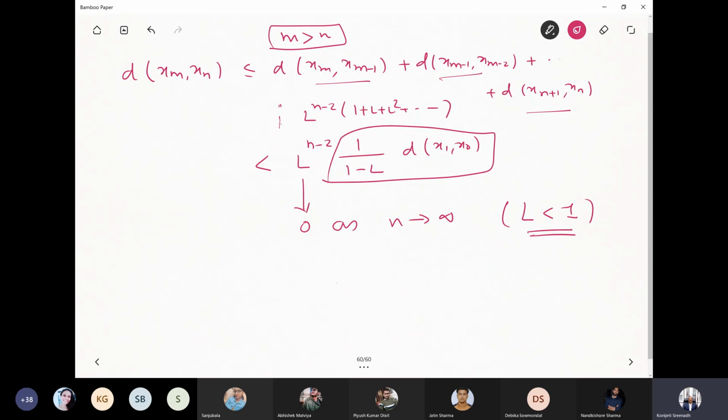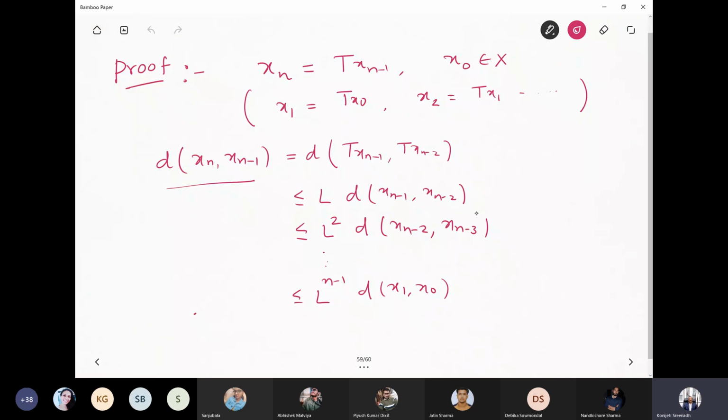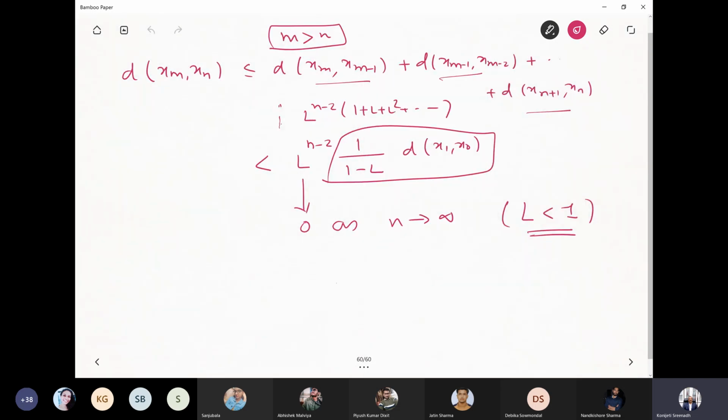If you remember the things in your calculus, this is what we do in the case of sequences also. When you try to show some sequence to be a Cauchy sequence, there are many examples. Basically, this is what we try to show. If you have the distance between consecutive terms compared like this with L strictly less than 1, then we show that xn is a Cauchy sequence.